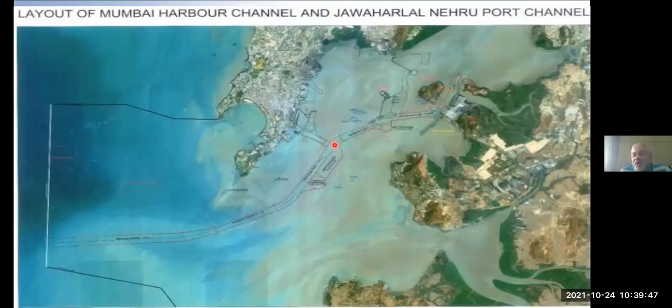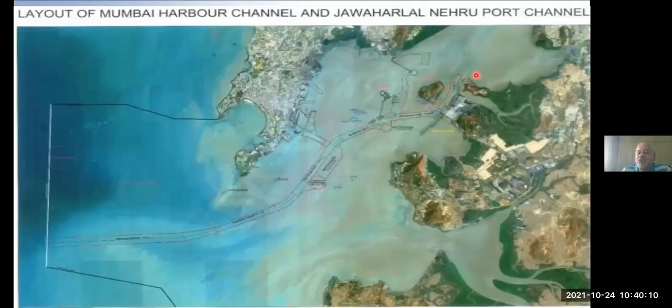But now in Mumbai port, this is a map of Mumbai port, we are not going to have any bridge here, at least. They are building a bridge from Nhava Sheva to Sewri. That bridge is coming from here, going like this, and going to New Bombay here.